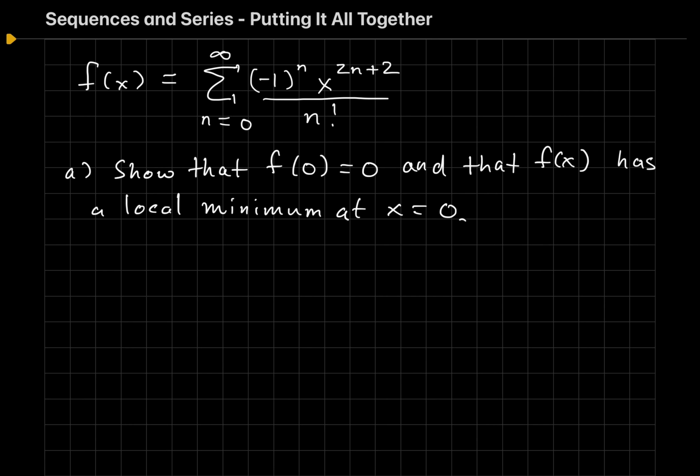So I'm going to try to keep it on the screen, which means I might need to erase some of the things as we go along, so you might want to write it down as we're doing this.